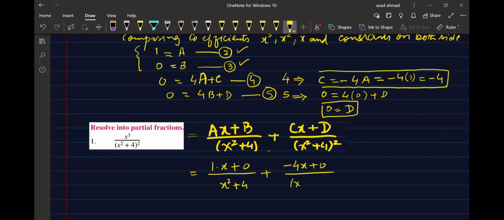Substituting the values, we will be getting the required answer.